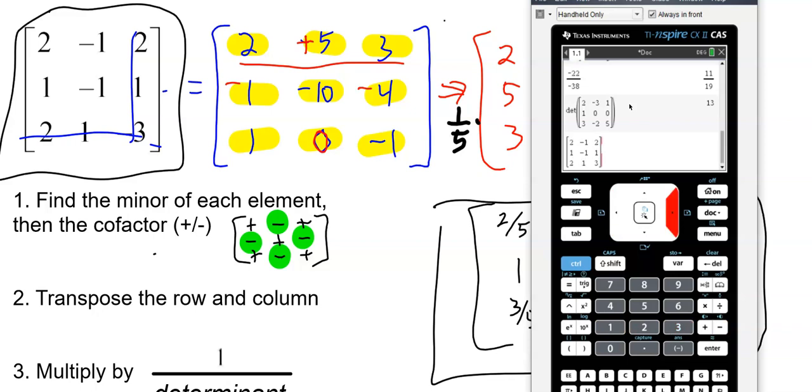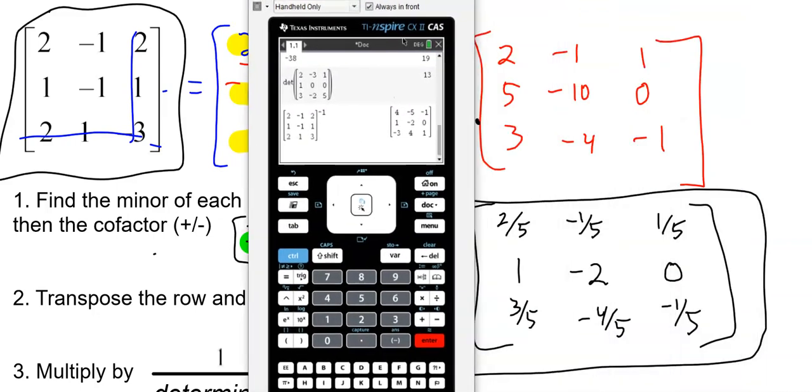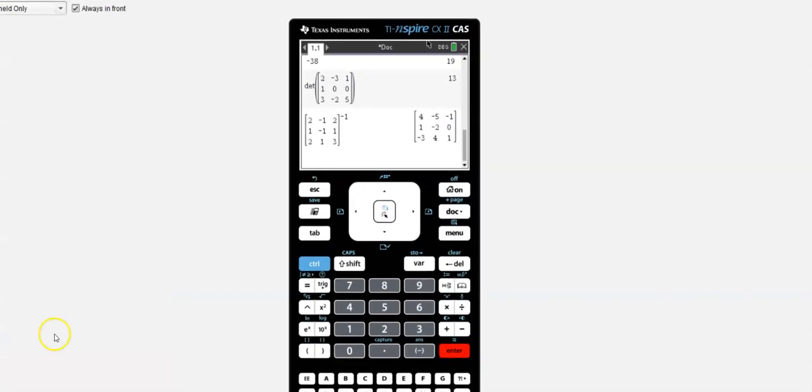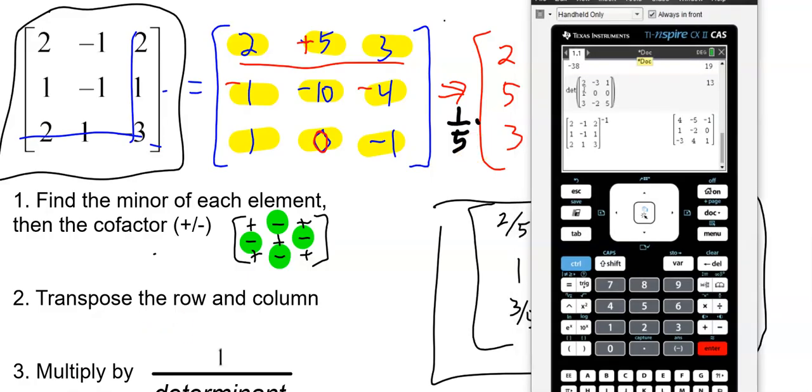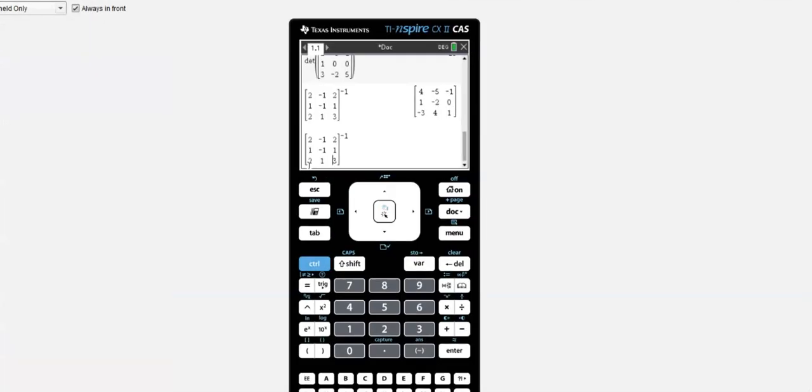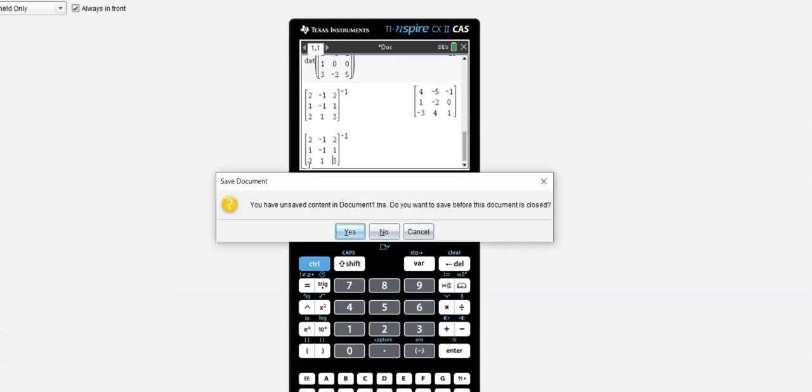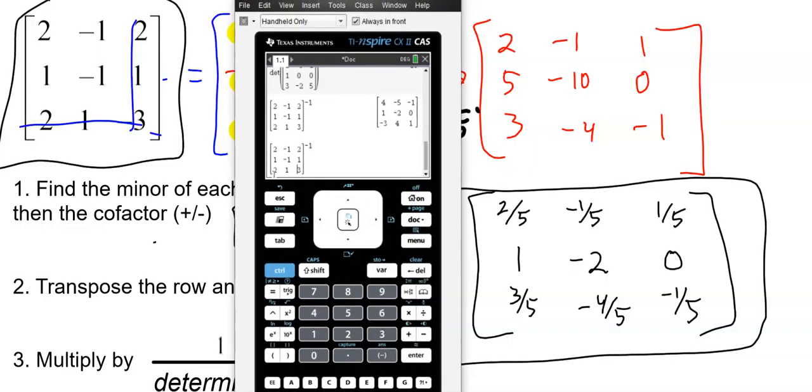And I'm going to find its inverse. 2, -1, 2, 1, -1, 1, and 2, 1, 3. Oops. So this is, whoops, no, I cancel.